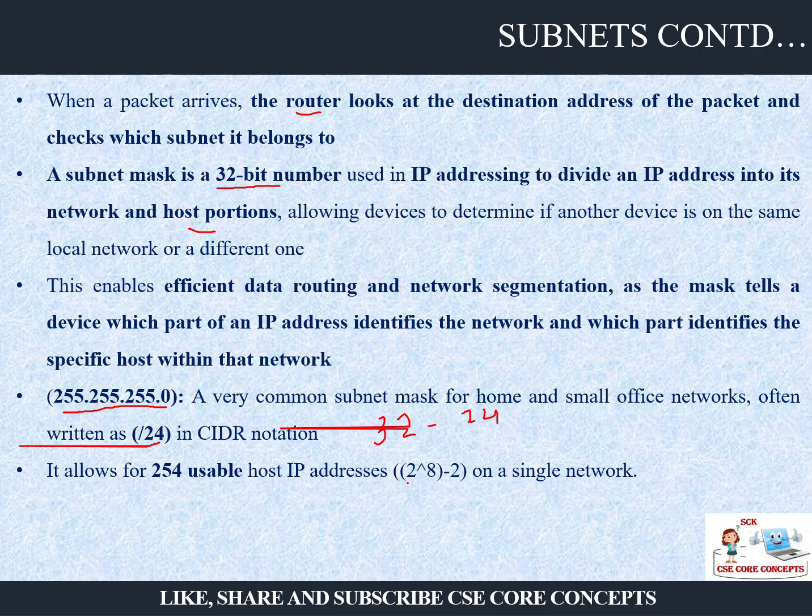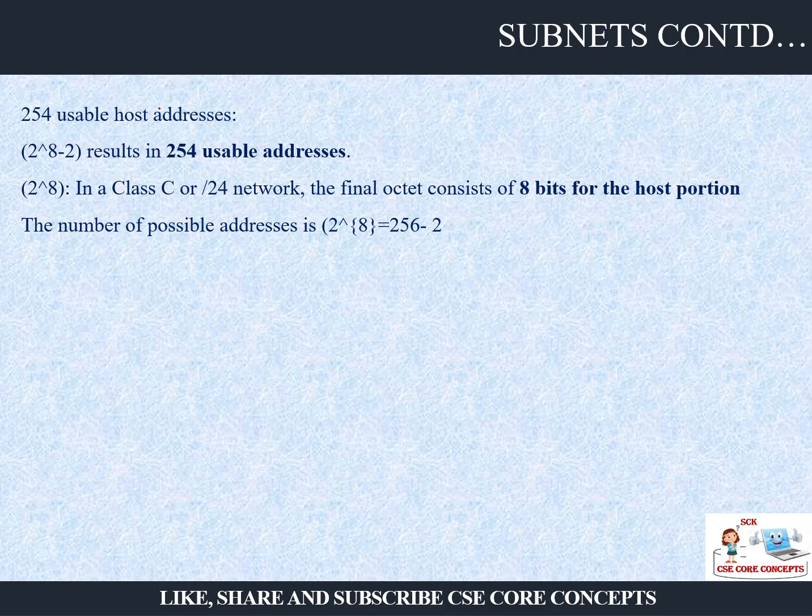Now if I perform 2 raised to the power 8, I will get 256. Out of 256, only 254 host addresses are usable, because always 2 are subtracted. Why minus 2? Let's see. You have 254 usable host addresses.